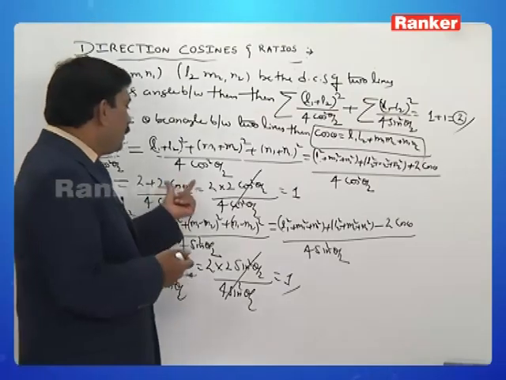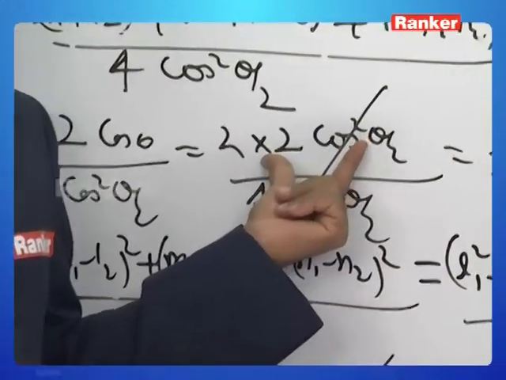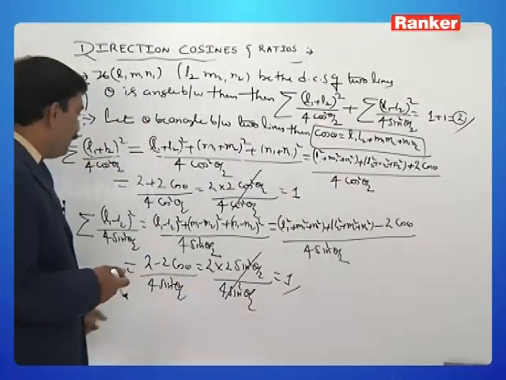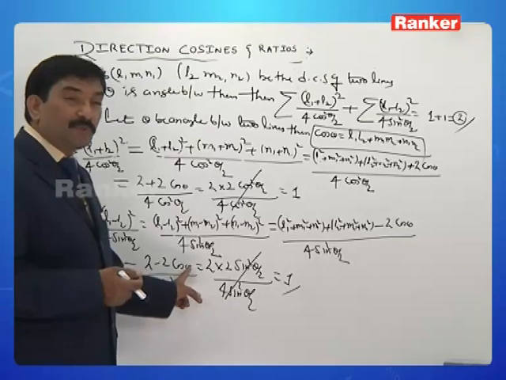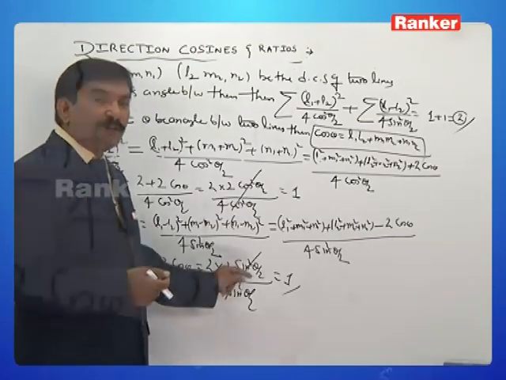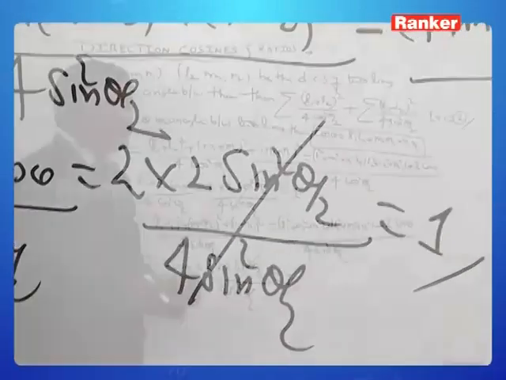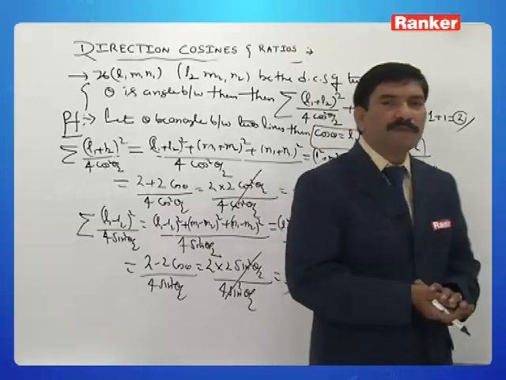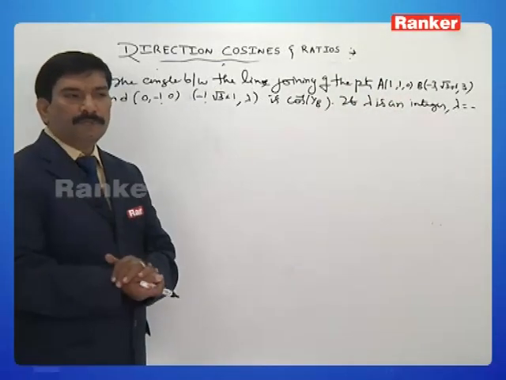So 1 plus cos theta is 2 cos square theta by 2. 2 into 2, 4 cos square theta by 2. It cancels, 1. In the same fashion, I get 2 minus 2 cos theta. So 2 into (1 minus cos theta), 2 sin square theta by 2. Both get cancelled. It leads to 1. So therefore 1 plus 1 is equal to 2. Now, look here.